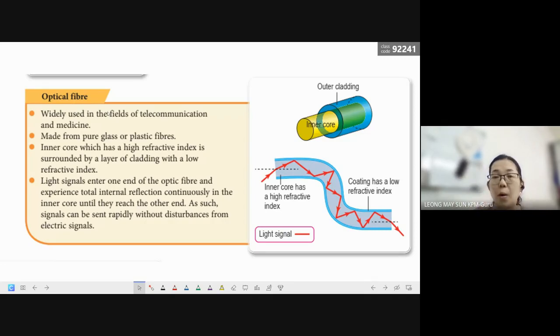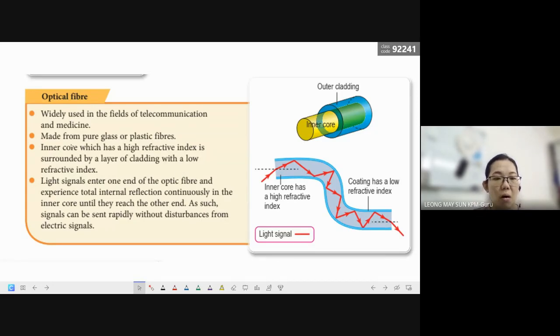That is fiber optics as well. Fiber optic is made out of pure glass or pure plastic fiber. It has to be pure, because if it's mixed with other materials, the light traveling inside will slow down, and then it cannot travel at the speed of light anymore, isn't it?